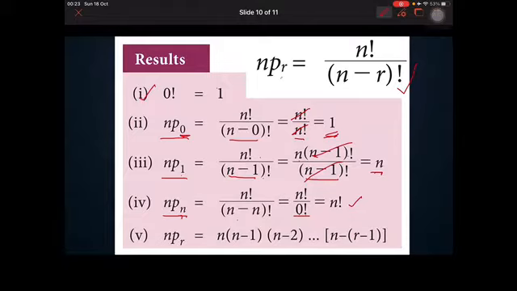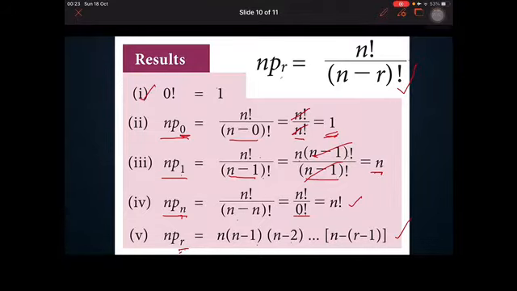The last one, nPr. This is also the expansion of the first result. So n into n minus 1 into n minus 2 and so on, up to n minus r plus 1, r factors in total. This is also an important result.